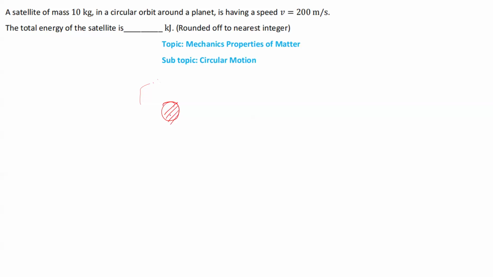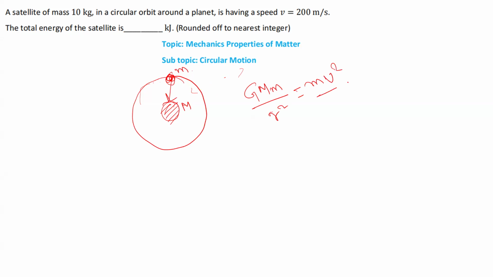So this is the big mass M, around which a small mass m is moving, right? In this situation, the centripetal force is balanced by the centripetal acceleration times m, right?